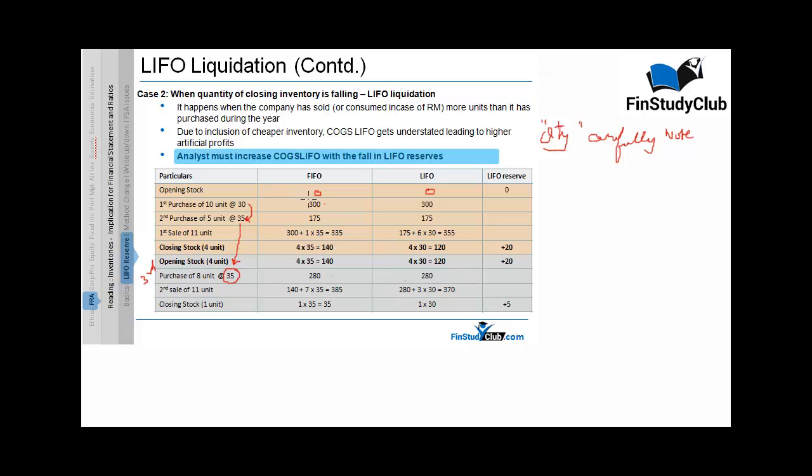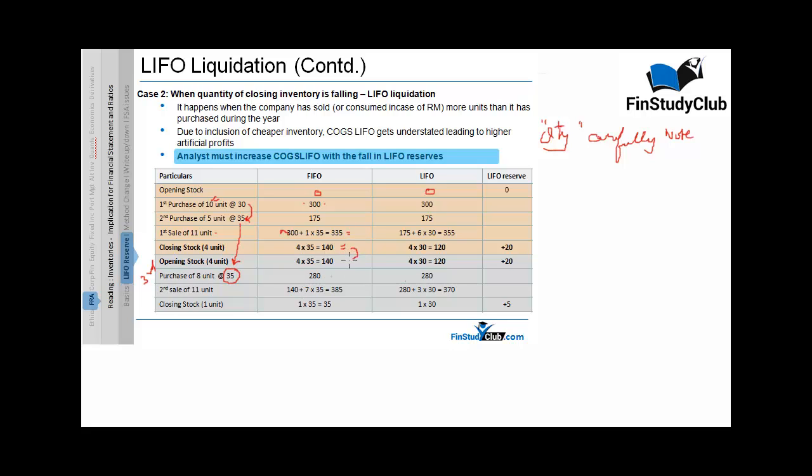Now applying first in first out, if I make a sale of 11 units, the entire 10 units from the first purchase are going to go out, so this is 300, and 1 unit will come out from the second purchase of 35, so overall it becomes 335. The 4 units that I would have in my stock would be at 35, which is the second purchase, right here.